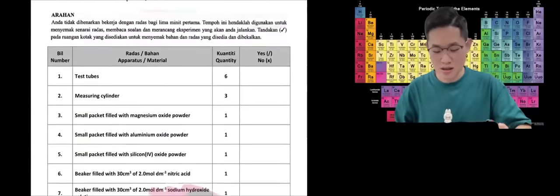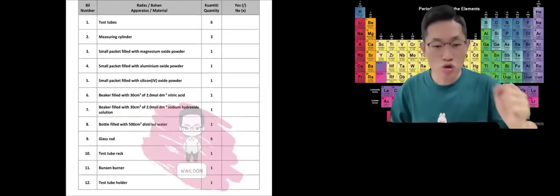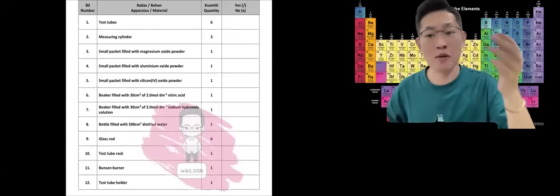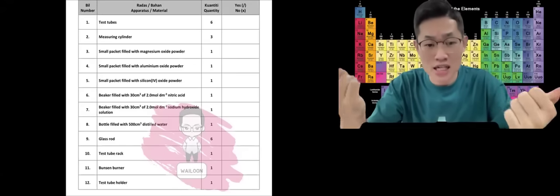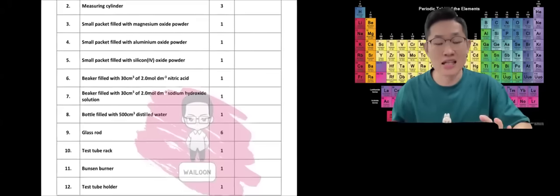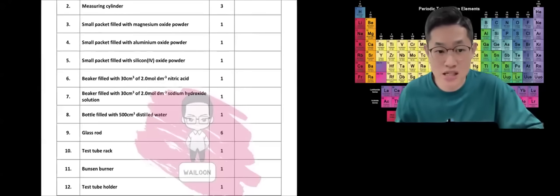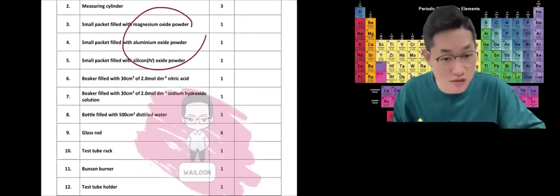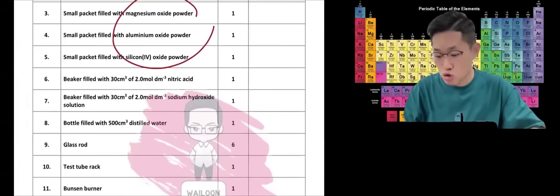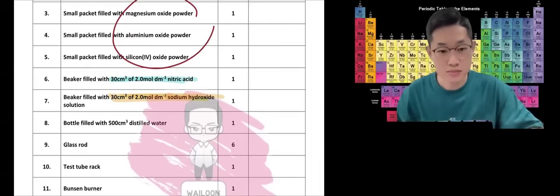So let's see. How do I know whether this experiment will be a period 3 oxide experiment and it involves acid and alkali? Of course, we'll be looking at the list of material and apparatus given. So you will be able to see some oxide powder given and then also acid alkali solution.